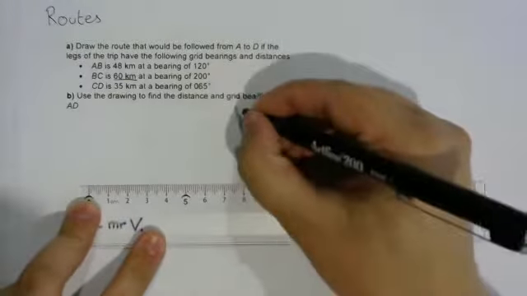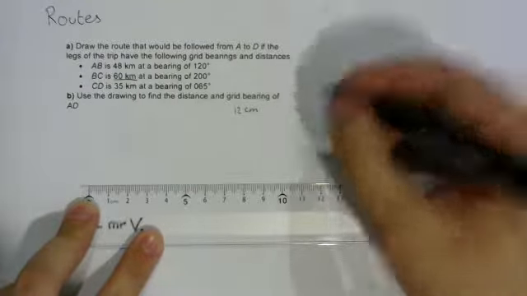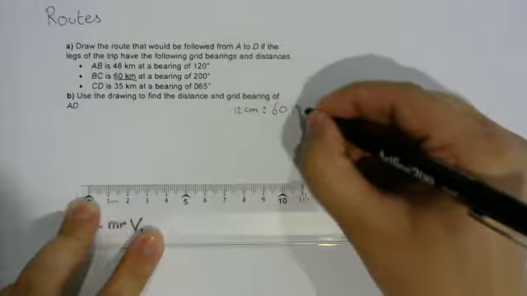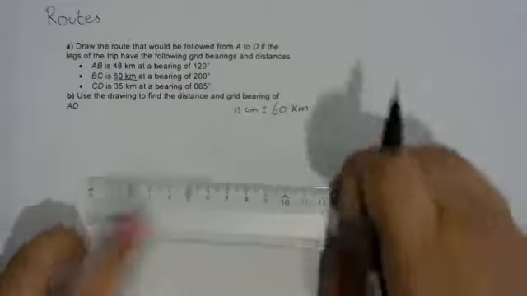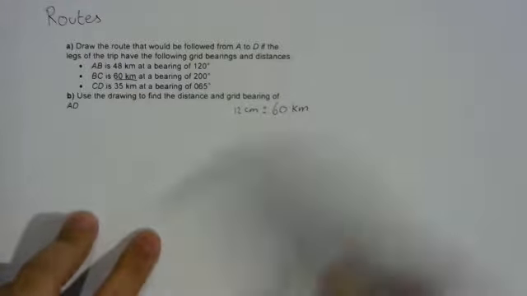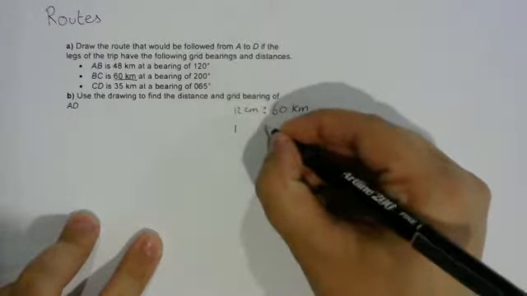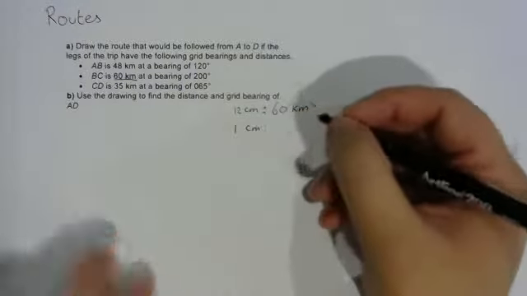So we want 12 centimeters to be proportional to 60 kilometers. Now we generally do this with a 1:something ratio, so 1 centimeter.